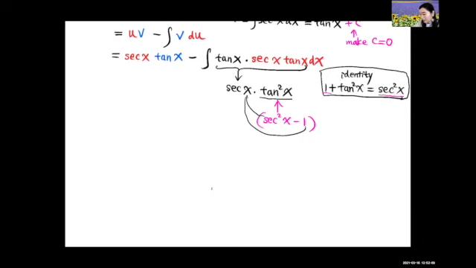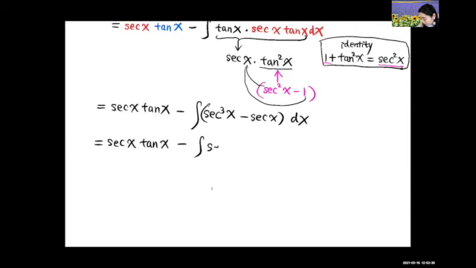Now let's see what happens. That's going to become secant x tangent x minus, this is secant cubed, remember? Let's just do it step by step: minus the integral of secant cubed x dx plus the integral of secant x dx.